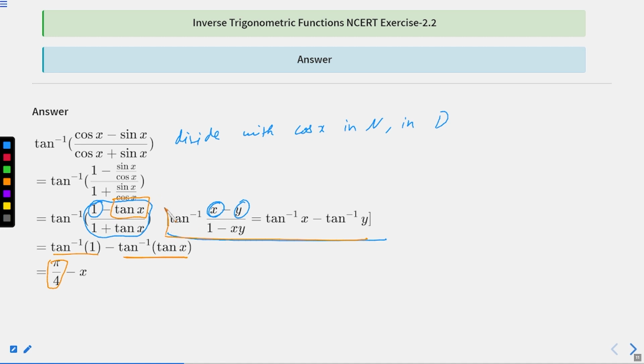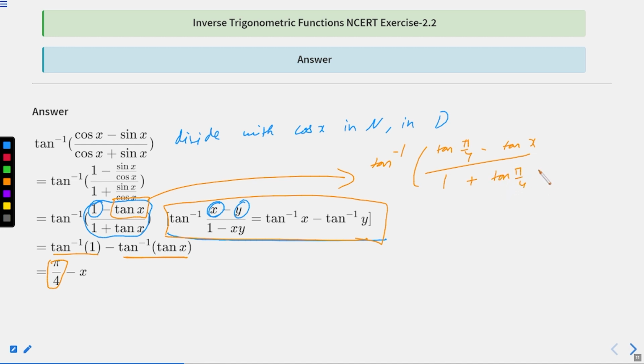So either you can use this or just think in this way, that tan inverse of 1, which is tan pi by 4, minus tan x, by 1 plus tan pi by 4 tan x. Now if you recall the tan a minus b formula, it is tan a minus tan b by 1 plus tan a tan b.